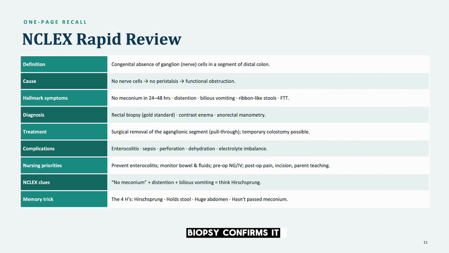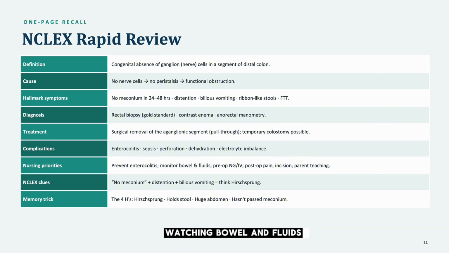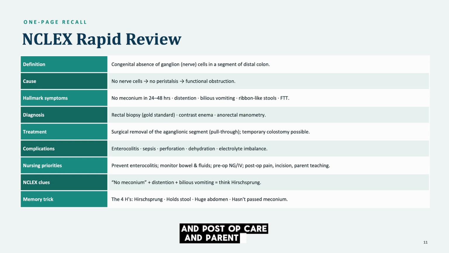Biopsy confirms it. Surgery fixes it by removing the dead segment. The emergencies are enterocolitis, sepsis, perforation, dehydration, and electrolyte shift. Nursing is all about preventing enterocolitis, watching bowel and fluids, and post-op care and parent teaching.